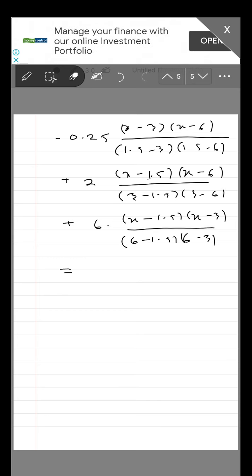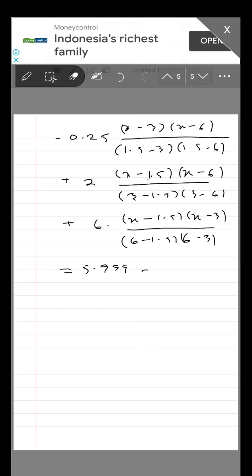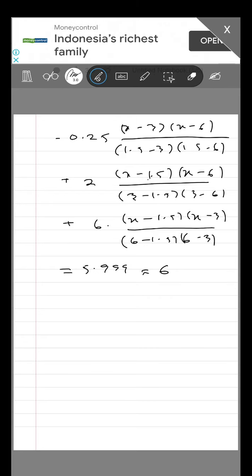equal to 5.999, which is approximately, you can say, equal to 6. No, sorry, it's not. It will be 6.